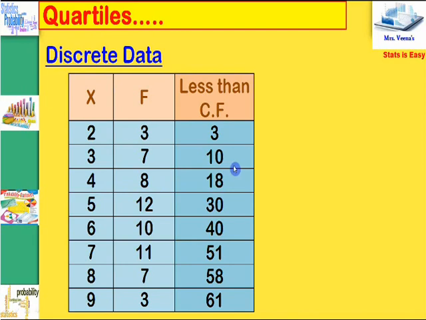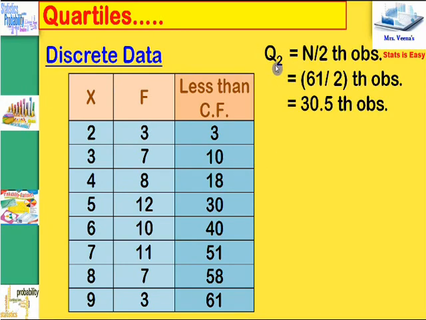Now for Q2. Q2 is n by 2 th observation. n is 61, divided by 2 is 30.5.